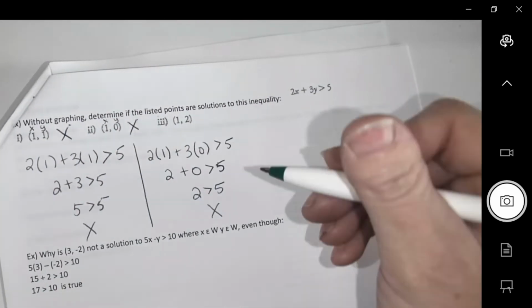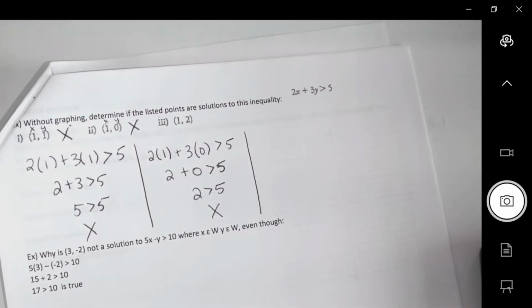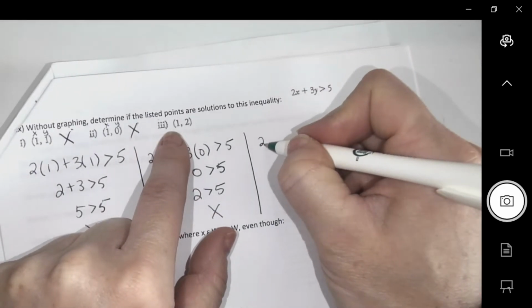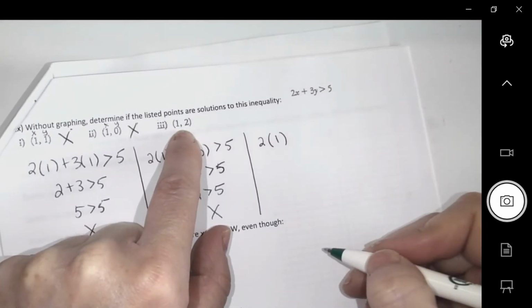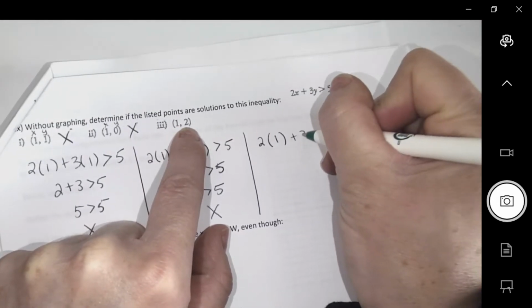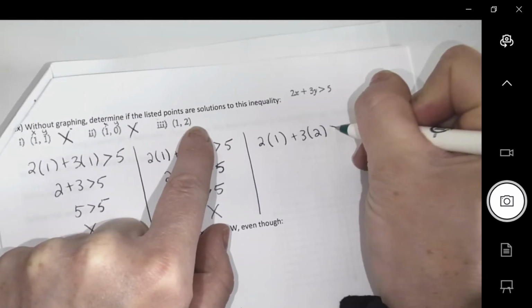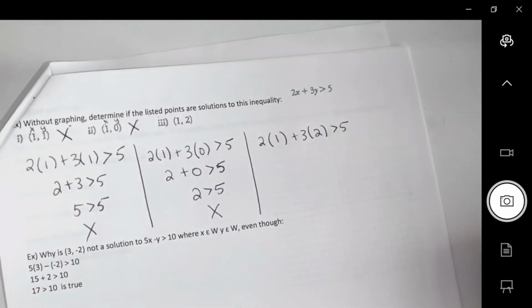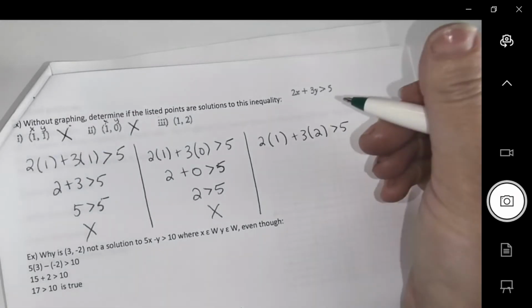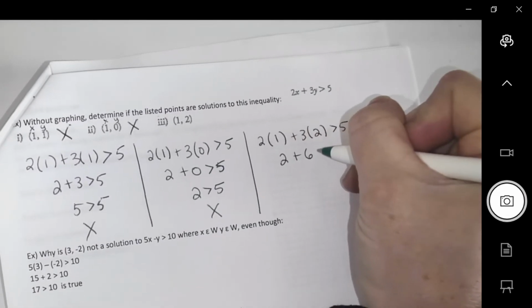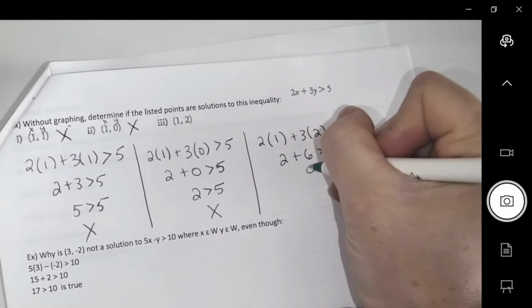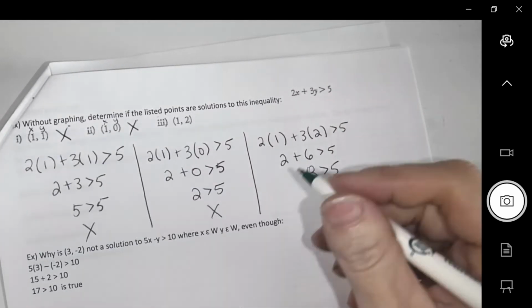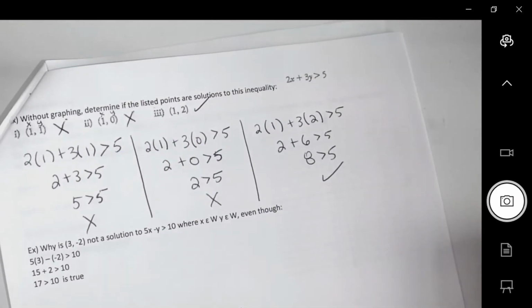That's not a solution. Okay, last. So 2 times, replace x with a 1, plus 3, replace with a 2. So this makes 2 plus 6. Is 8 greater than 5? So that one is a solution.